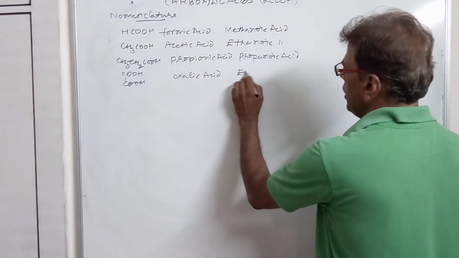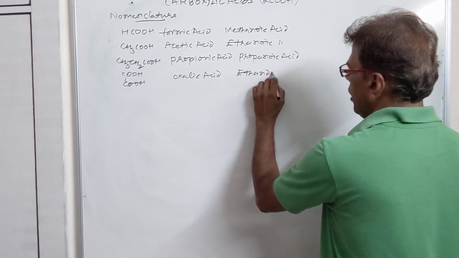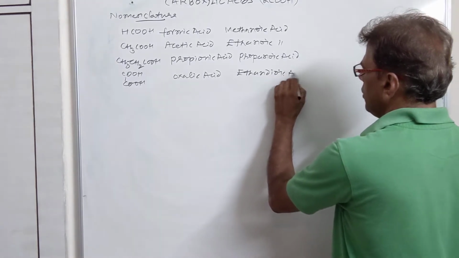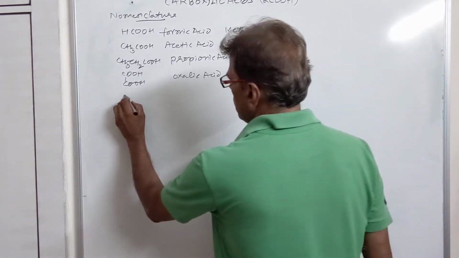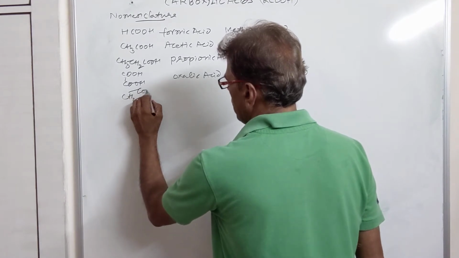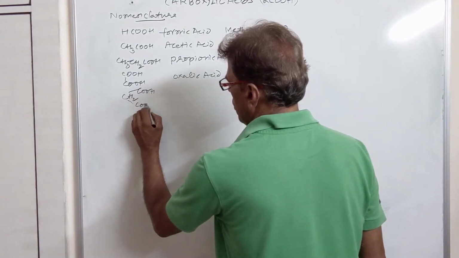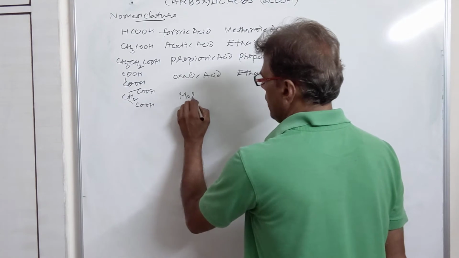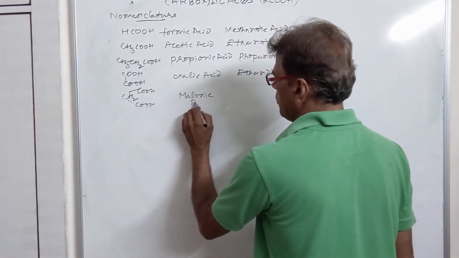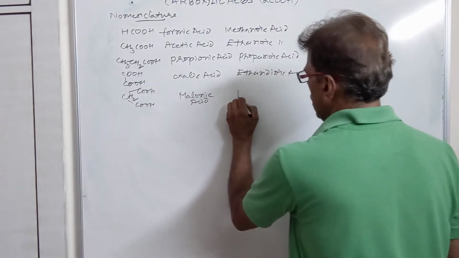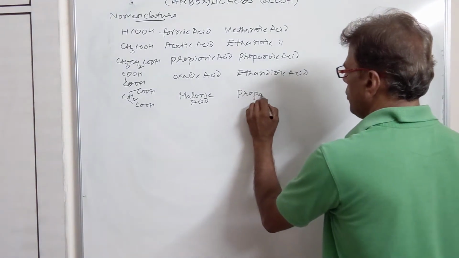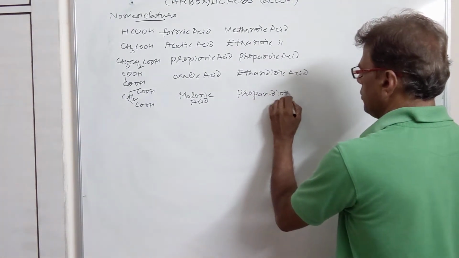IUPAC name of this will be ethane dioic acid. Then we have another CH2 added in between these two carboxylic groups. We get the name malonic acid as a common name. IUPAC name is propane dioic acid.